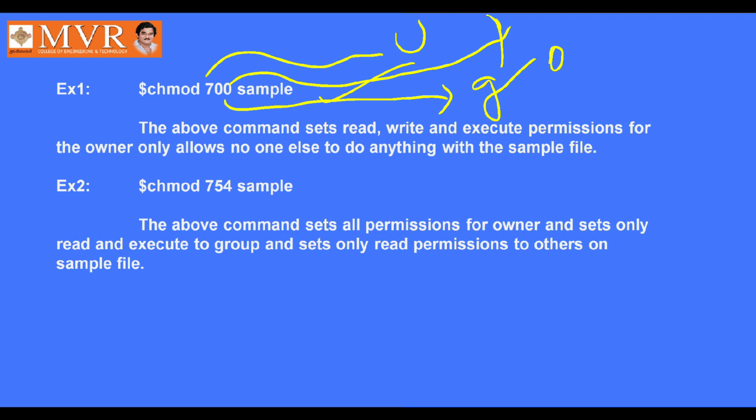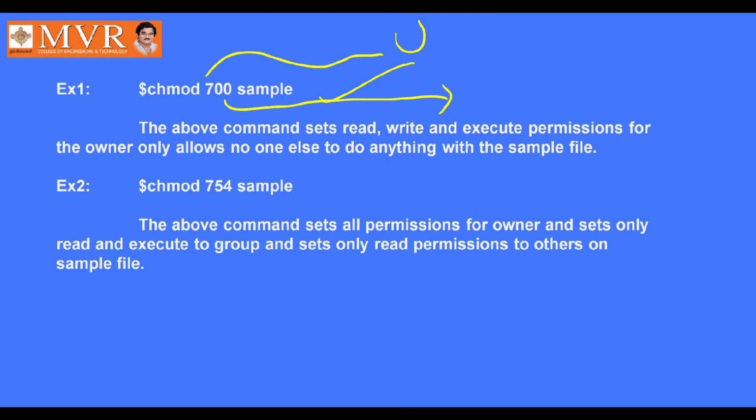Okay, so there will always be three digits whenever you are using the numeric method to change the permissions. The first digit always represents the permissions of the user, the second is always used to represent the permissions of the group, and the third is used to represent the permissions of the others.